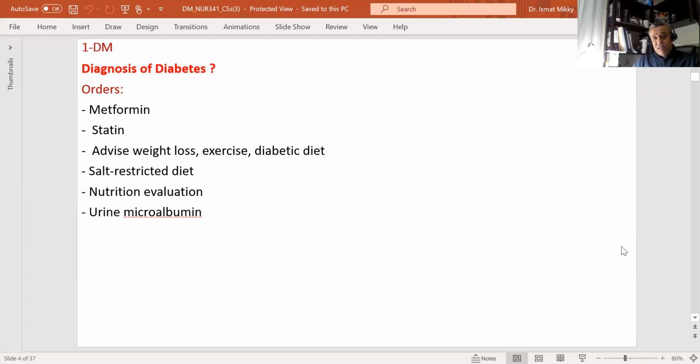Because of the acidosis, they will become hyperkalemic, increased potassium level. We'll get to the treatment later on, like when the patient is diagnosed with DKA, what are the steps and the appropriate treatment for the patient during the DKA episode of diabetic ketoacidosis.